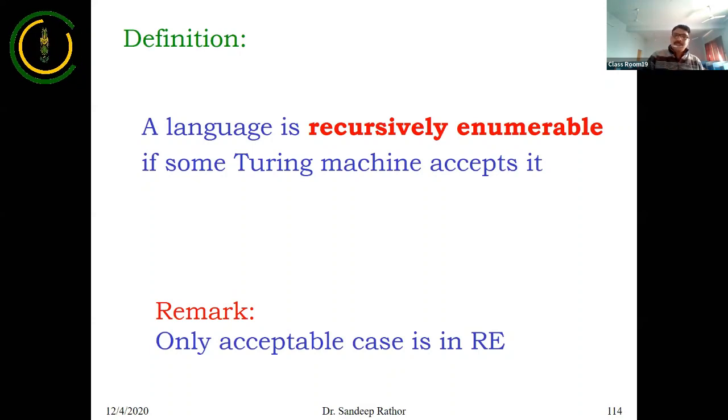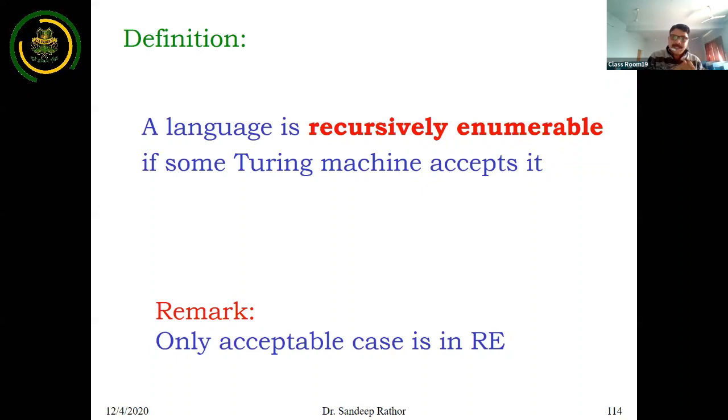If your machine is in an infinite looping situation, then it is under the category of recursively enumerable. But if you have a clear-cut answer of yes and no, and your machine is in a halting state, then this is the situation of recursive. Is it clear? This is the basic difference between recursive and recursively enumerable.